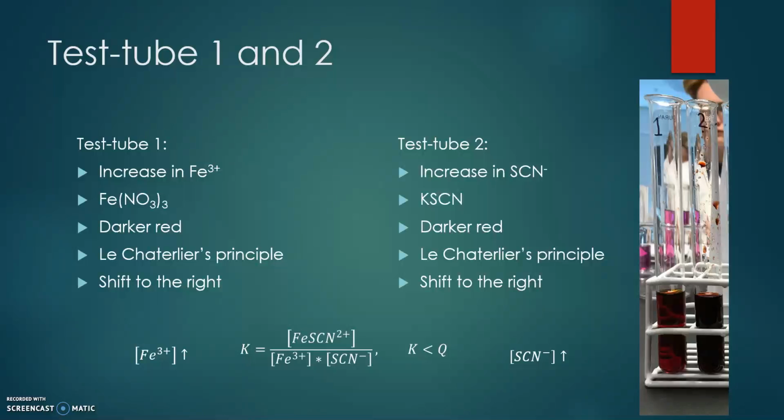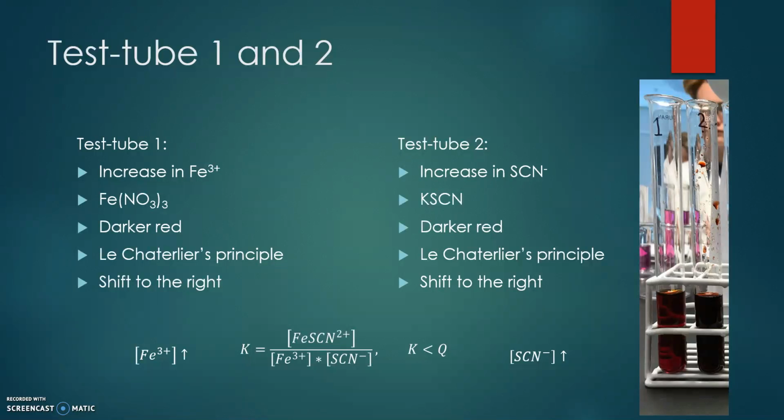In this experiment, there are more iron(III) ions, so the reaction shifts to the right, which means more product will be formed, which is the color red, and that's why it turns more red. So the Q value is greater than the K value. To get back to equilibrium, there will need to be a decrease of iron(III) ions and an increase of iron thiocyanate.